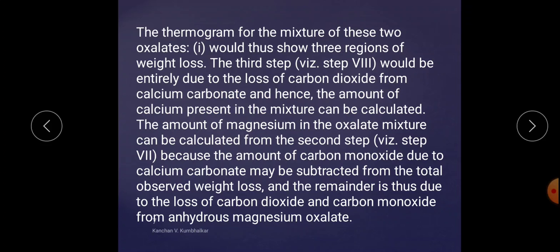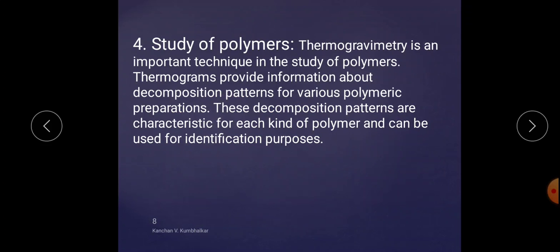Now, the next application is the study of polymers. We know that polymers have many monomers arranged in various patterns. There are linear polymers, branched polymers, and 3D polymers. So thermogravimetry is an important technique in the study of polymers. A thermogram provides information about the decomposition pattern for various polymeric preparations.